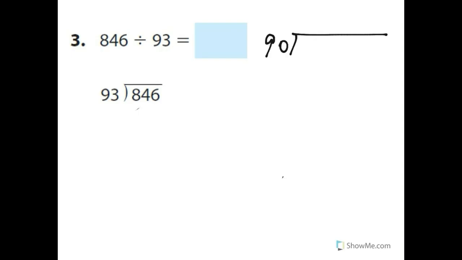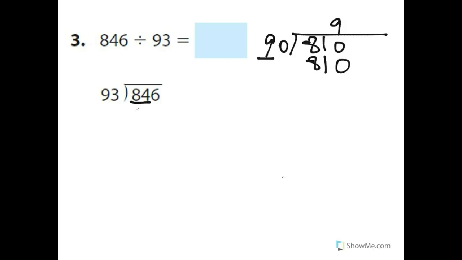So I'm going to think, what is a number that 9 can divide into, because I'm just using my one digit, that's close to 84. Well, that's going to be 81, isn't it? 9 times 9 is 81. So I'm going to use 9 as my first digit here.